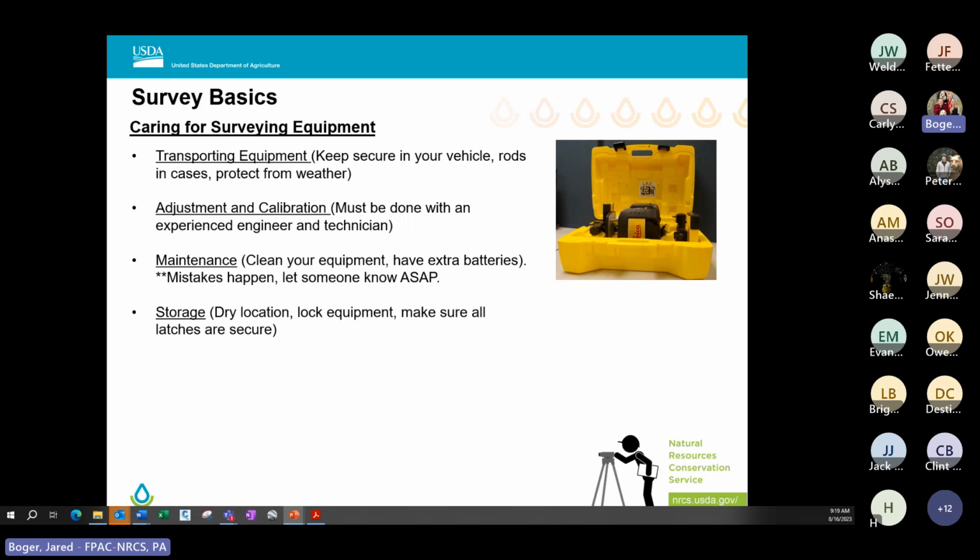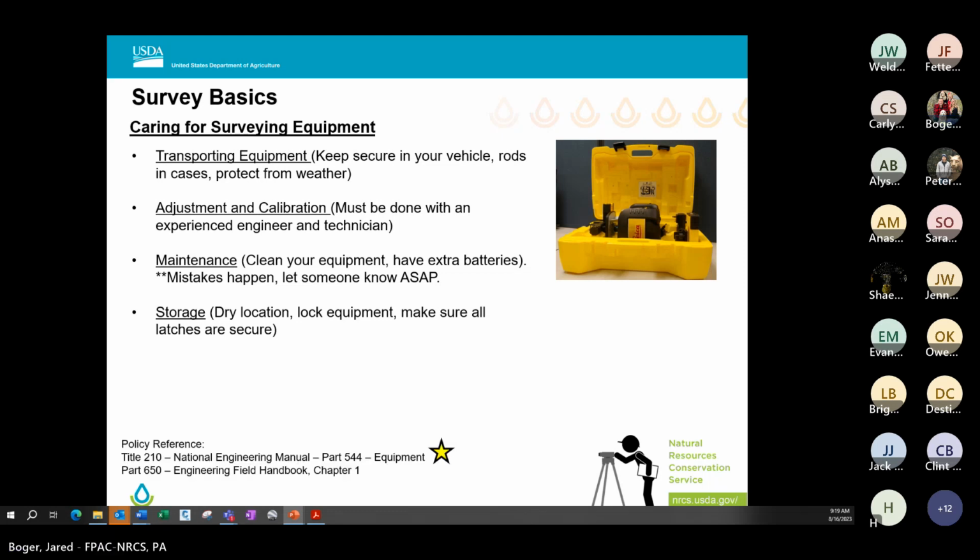And like I said, mistakes happen, right? It always does. I've broken equipment before. I'm not perfect, but just let somebody know that it has happened. And then storage, we want to make sure it's at a dry location, it's locked. There are 2 references that discuss some of these aspects here.